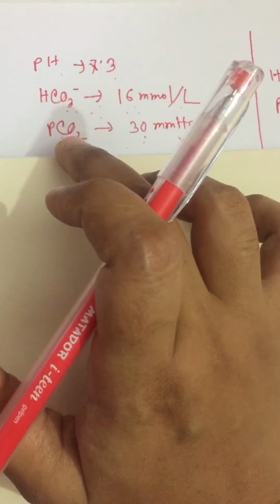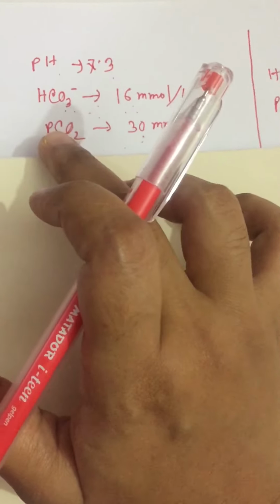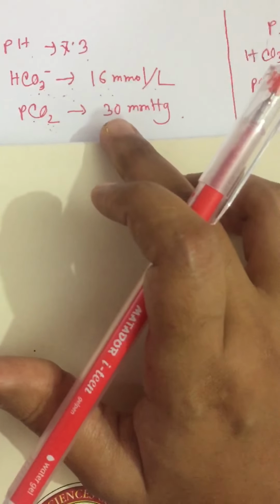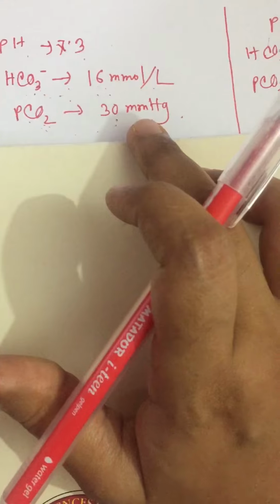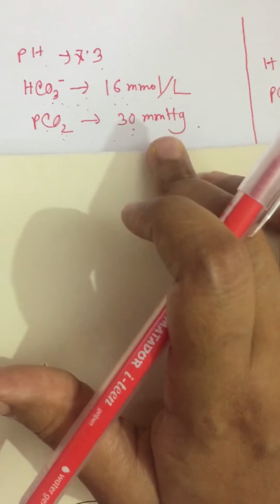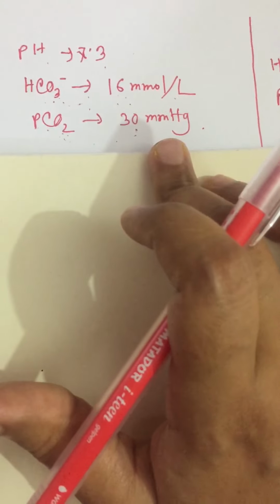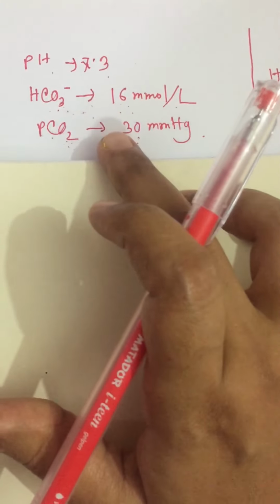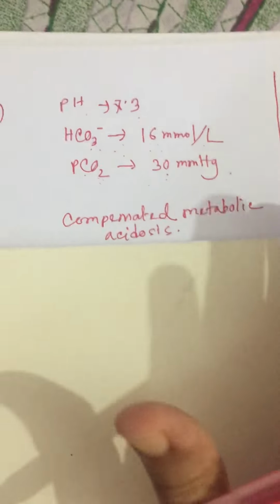If partial pressure of carbon dioxide is decreased, we can call it compensated. Now here value of partial pressure of carbon dioxide is 30 millimeter of mercury. Yes, it is decreased because normal value is 40 millimeter of mercury. So we can say it is a case of compensated metabolic acidosis. Yes. Now let's go to the next example.